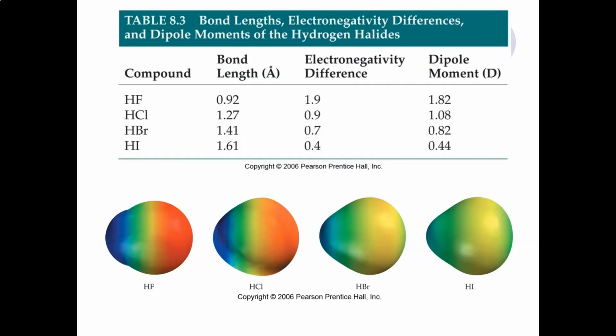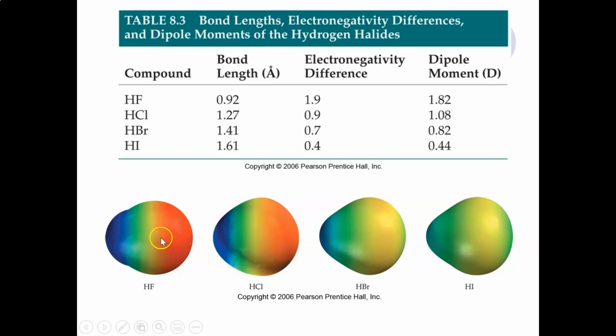Here's a really good visual of the halogens bonding with hydrogen. Fluorine has a very large electronegativity, 4.0, hydrogen's is 2.1, so the difference is 1.9. A huge difference in electronegativity. The bond length is small, but you multiply those two together and the dipole moment winds up being 1.82. For HCl, the dipole moment is decreasing.